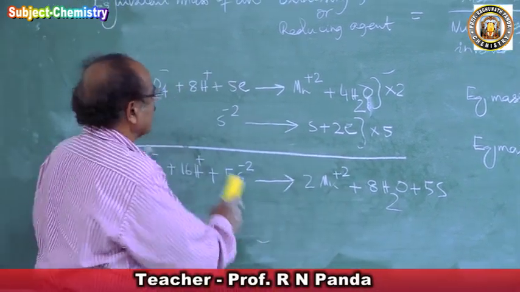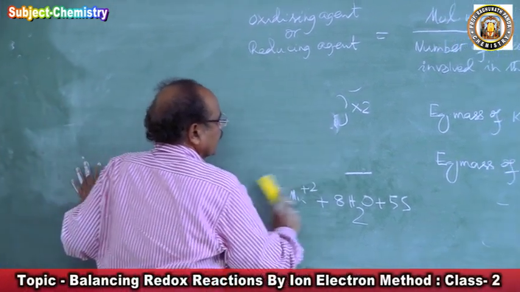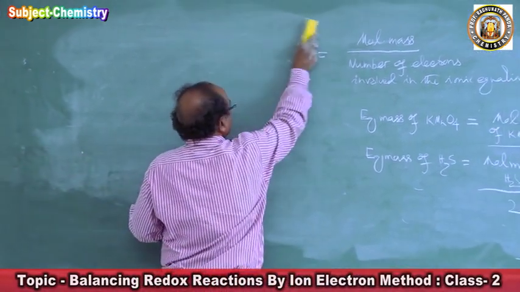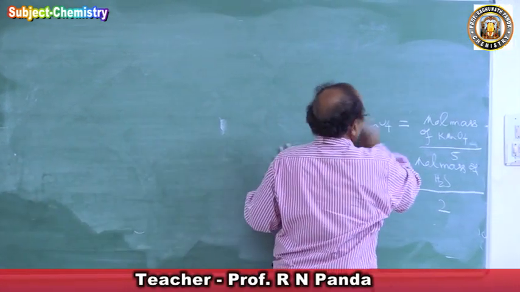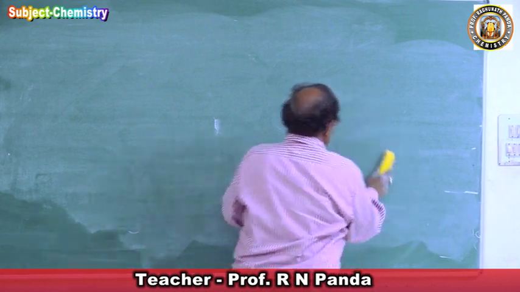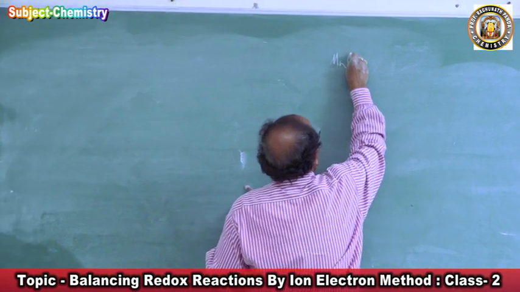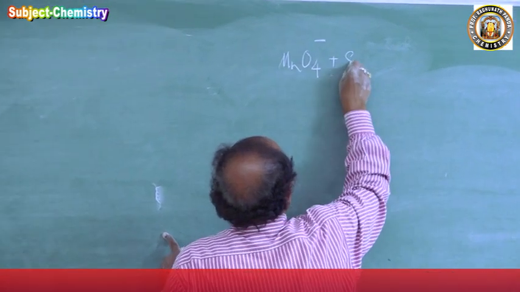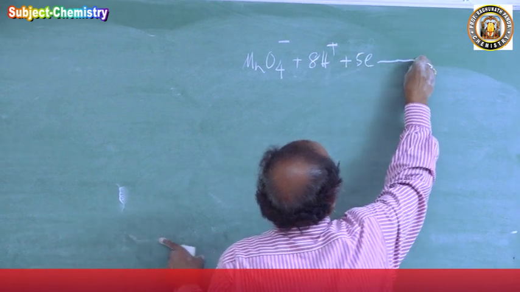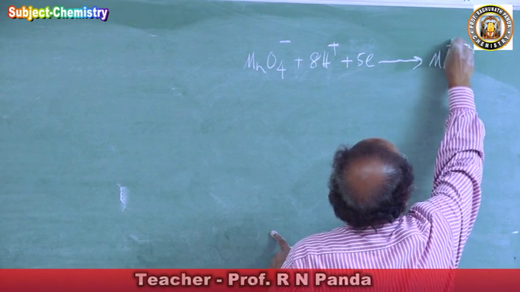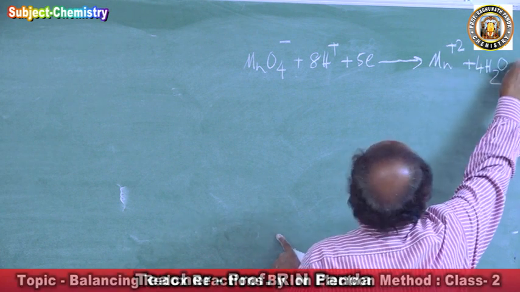So let us take another reaction of potassium permanganate. We will go by getting the equations: what are the oxidized state and reduced state. The standard equation for potassium permanganate is MnO4 minus plus 8H plus plus 5e gives Mn2 plus plus 4H2O.